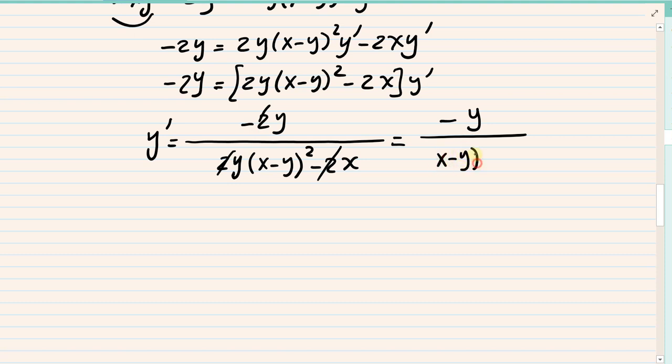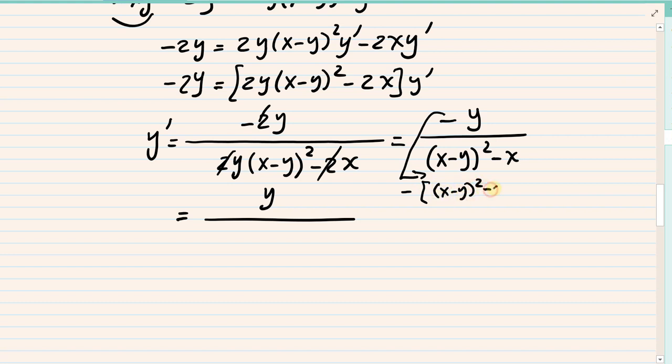And I have x minus y squared minus x, right? So I'm going to actually move the negative to the denominator. So it's going to be y over. When you move the negative to the denominator, it distributes to the binomial and negative x, right? Once the negative is moved to the bottom, this becomes x minus, and then x minus y squared.